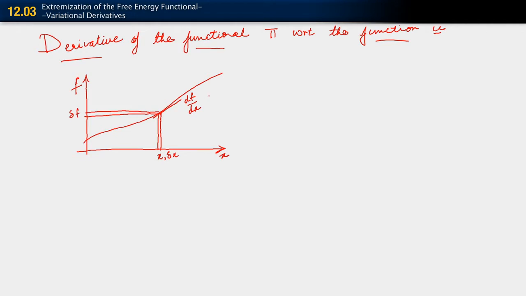And really this df dx is the limit as delta x tends to 0 of the fraction delta f divided by delta x, right? This is our notion of the derivative of the function f of x.